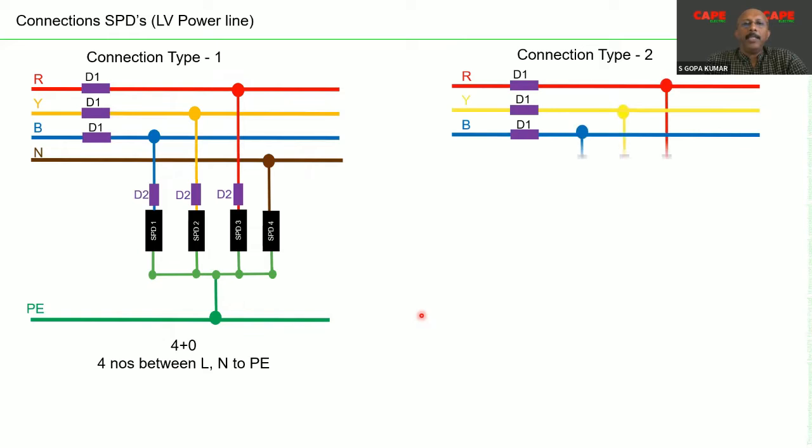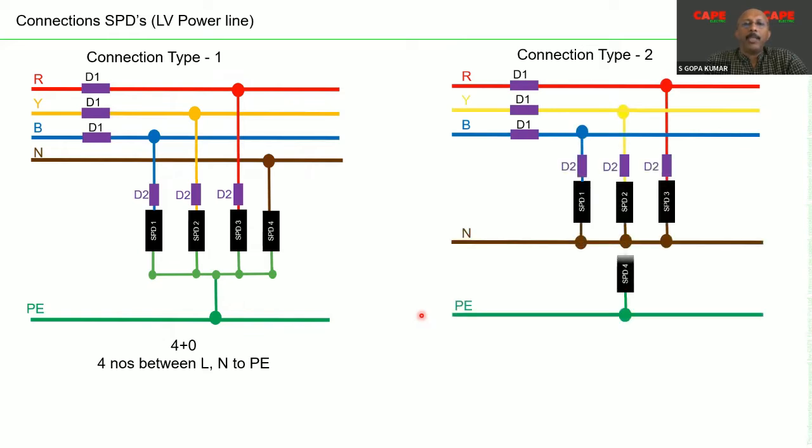The next connection is called 3+1. In this case, 3 SPDs are connected between line and neutral. In the first case, as I said, 4 SPDs are connected between live conductors and earth. In the second case, between the line conductor and the neutral, there are 3 SPDs, and between the neutral and the earth, there is one more SPD, and this is often called a 3+1 connection.